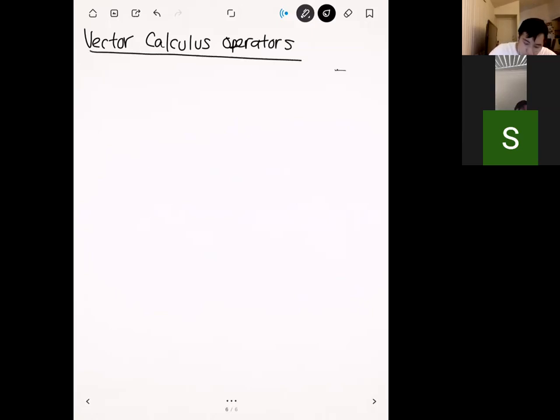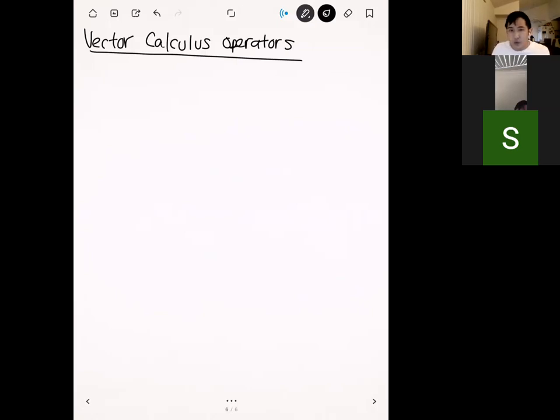Okay, and so the next thing I want to review is some of the various vector calculus operators. We're going to need these operators because we're going to extend our strong and weak forms in one dimension to multiple dimensions.